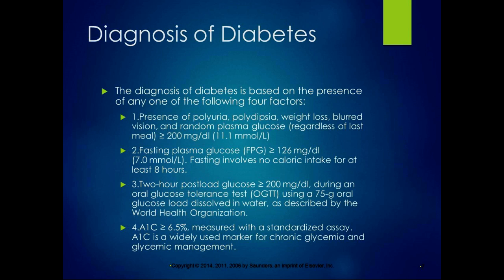A1C is a hormone that's used as a marker for chronic glycemia and glycemic management. So it's almost a measure of how unstable your blood sugar is. If you have that higher A1C, it means your blood sugar is fluctuating out of control. So that's how they come up with the diagnosis of diabetes.